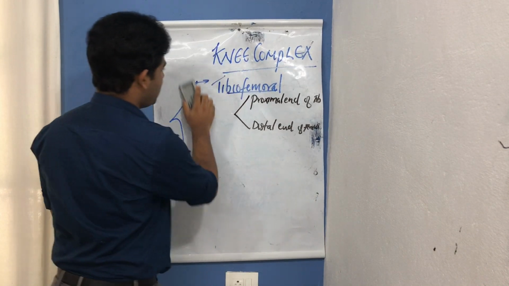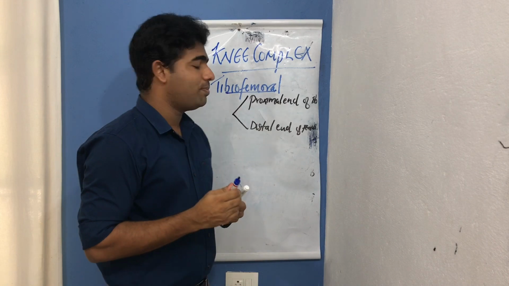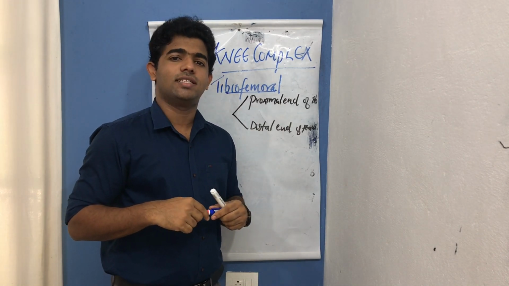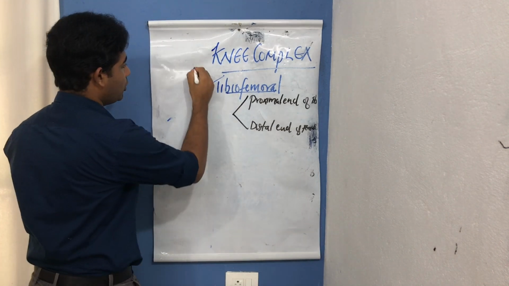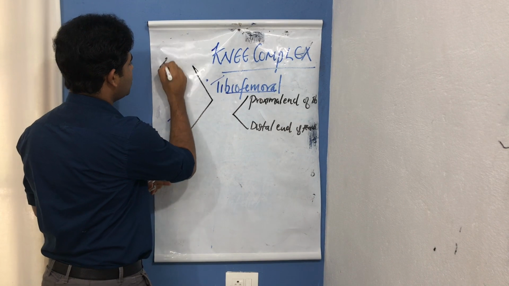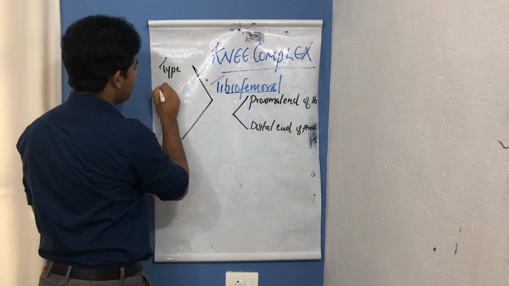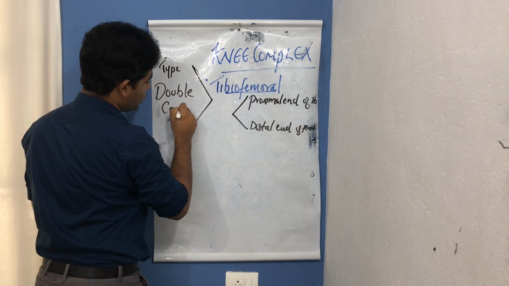Of course, the tibiofemoral joint is formed between, as I told, the proximal end of the tibia and the distal end of the femur. When you study any joint, you need to know the type of the joint. The type of the joint here is a double condyloid joint.